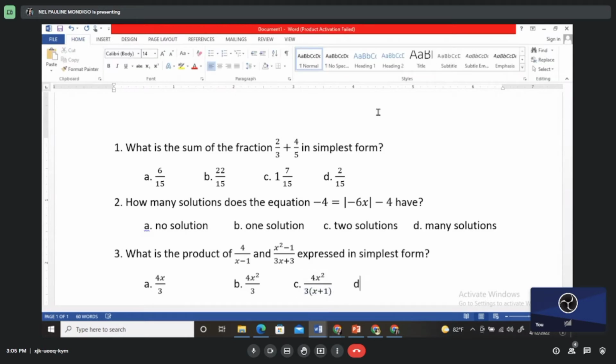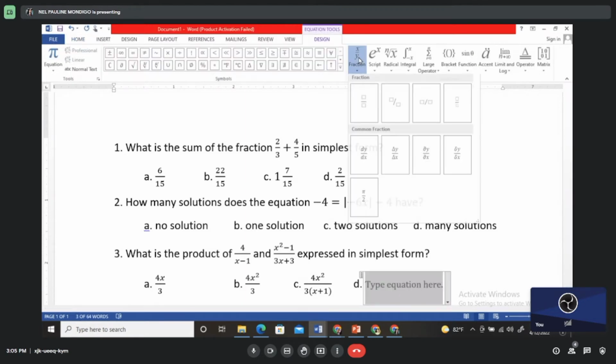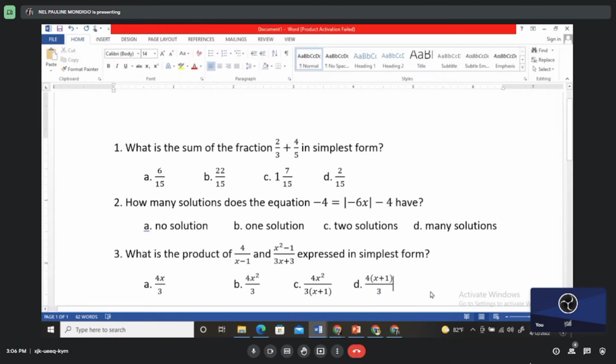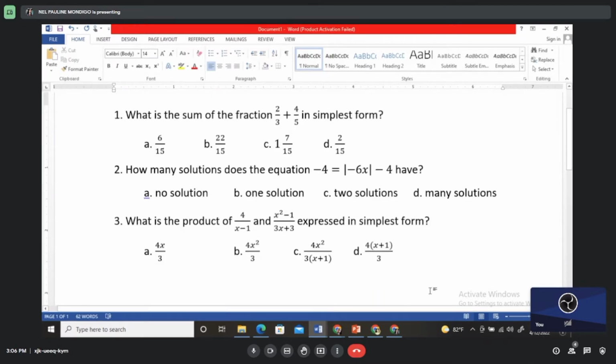For letter D, 4 times x plus 1 over 3. So let's go again to type equation, fraction, and then type 4 open parentheses x plus 1 close parentheses over 3. And we're done with our third question.